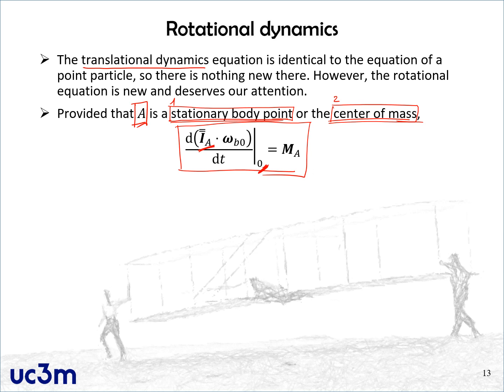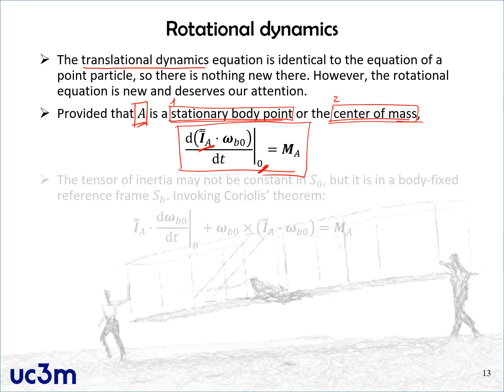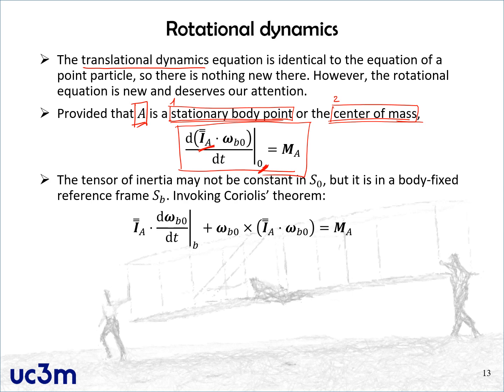So you can either take the derivatives of the tensor, or you can apply the Coriolis theorem to bring this derivative into reference frame B, a body-fixed reference frame where the tensor of inertia will be constant. In that case, you can take the tensor of inertia outside of the derivative. You see that the derivative now is in reference frame B, and as a result of applying the Coriolis theorem, this new term appears.